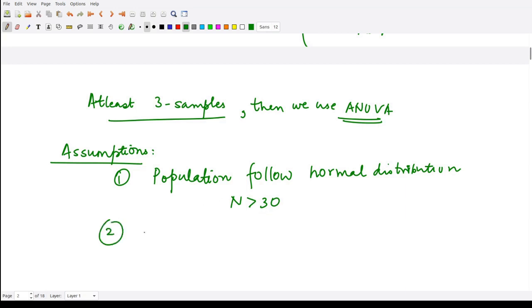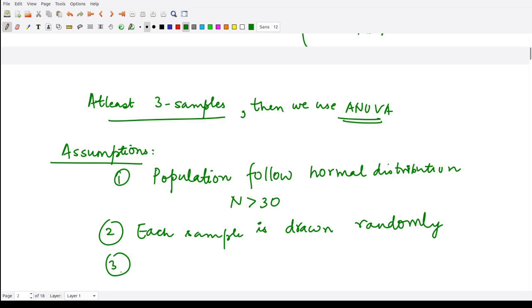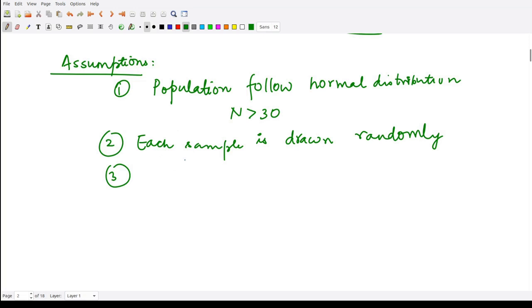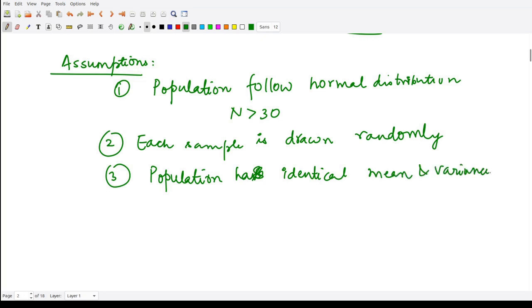Second, each sample is drawn randomly. And the third condition is that the populations from which the samples are drawn have identical mean and variance. So these are the assumptions.